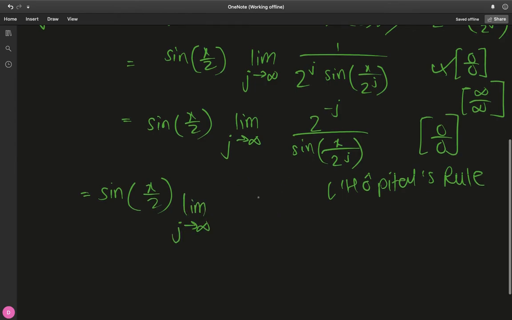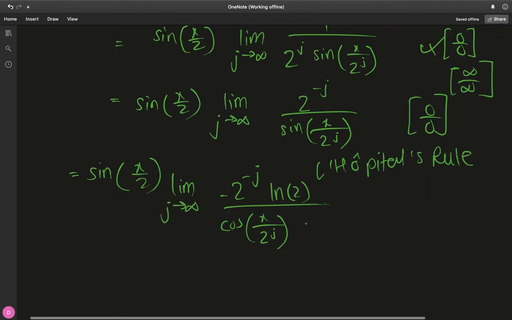Now you differentiate. We have 2 to the minus j times natural log of 2 basically. That's how you differentiate an exponential with a negative sign for the negative j. And in the denominator we have cosine of x over 2 to the j times x as it is, because it's a constant with respect to j.